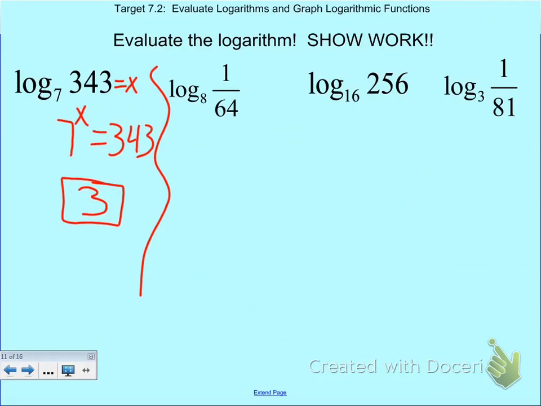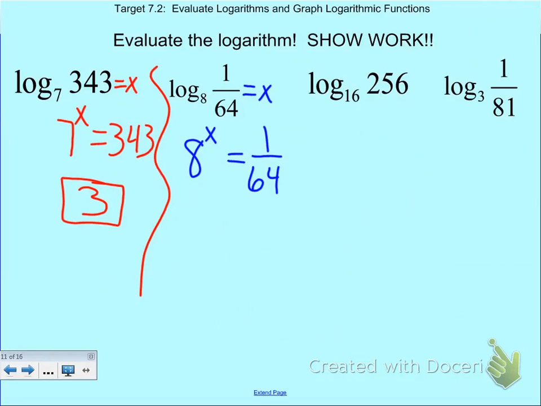Next problem. Log base 8 of 1/64. So again, we rewrite it in exponential form. So it's 8 to the x equals 1 over 64. Well, it flipped from a whole number into a fraction.